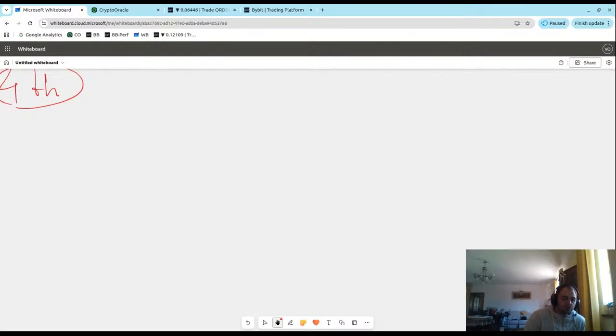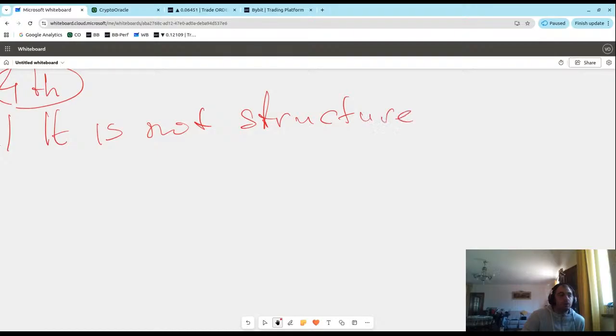So it's not structured. The second is maximizing your engagement, because they sell you the ads, the engagement.